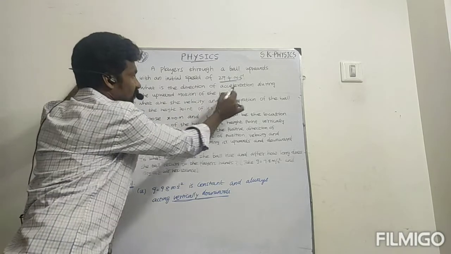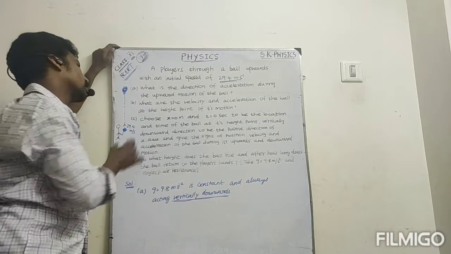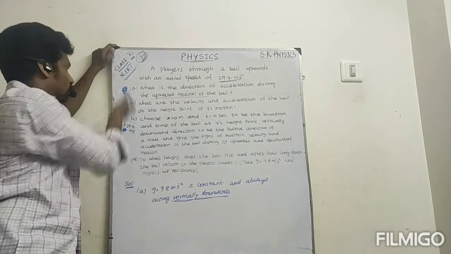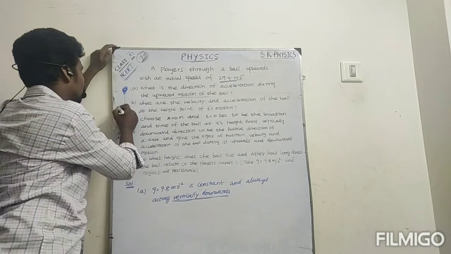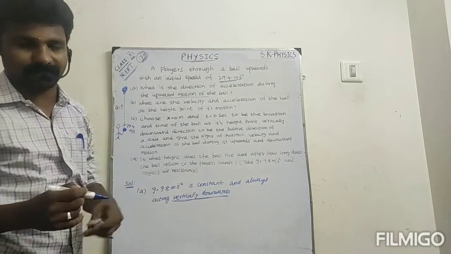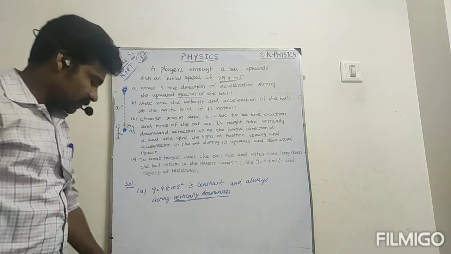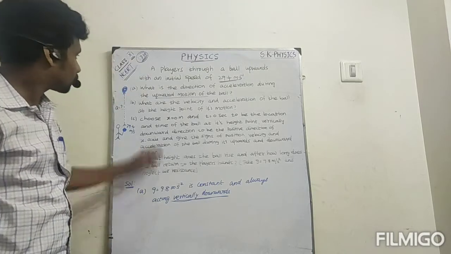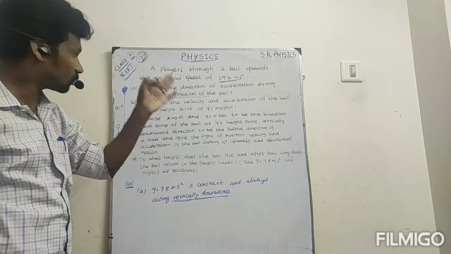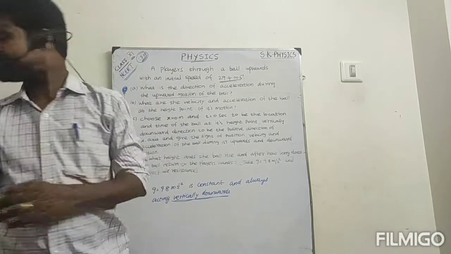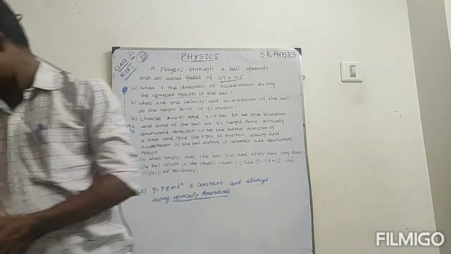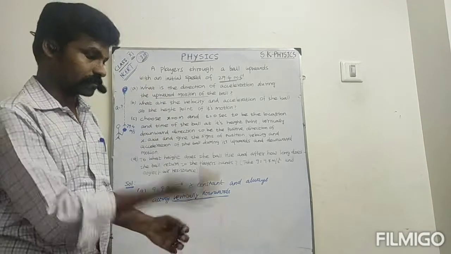What is the direction of acceleration during the upward motion of the ball? That is the first question. Here, the motion of the ball is in upward direction, say for example, it is a ball moving upward.